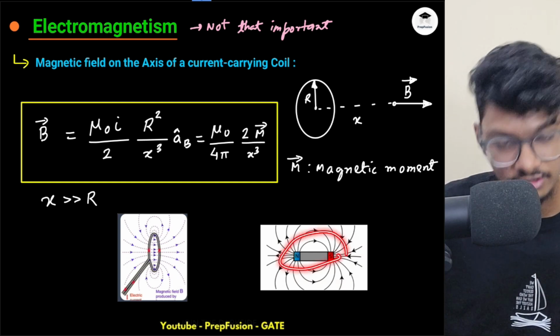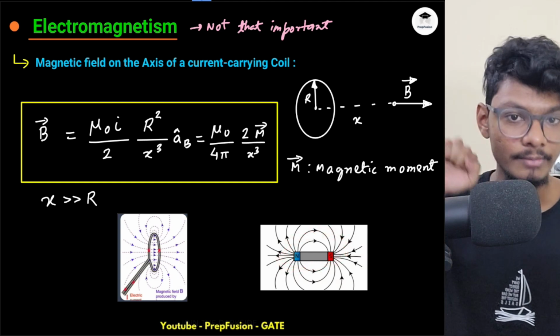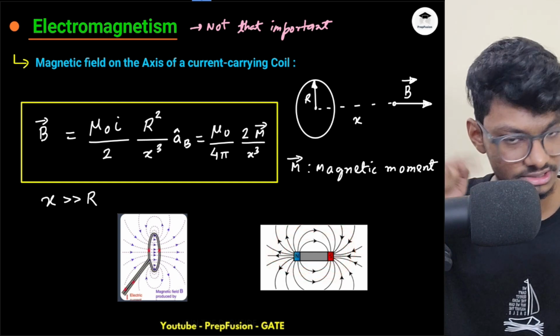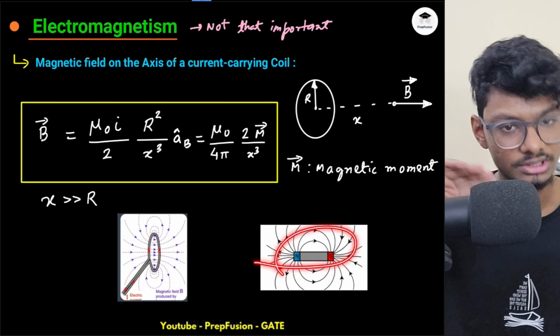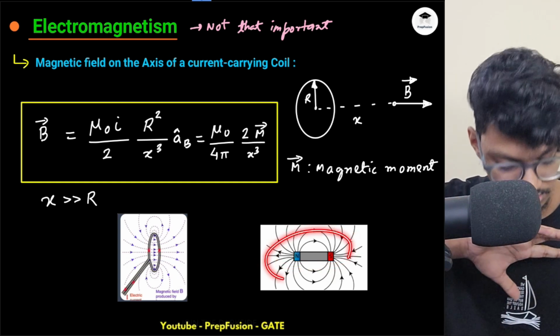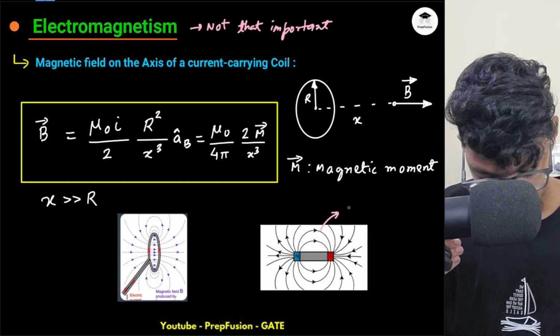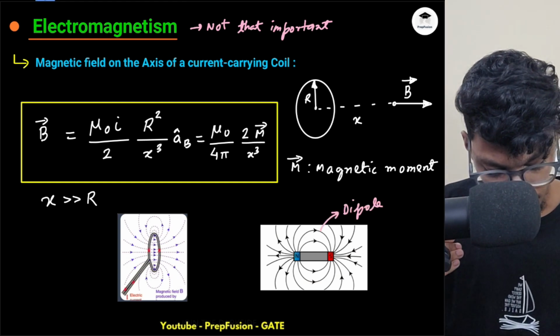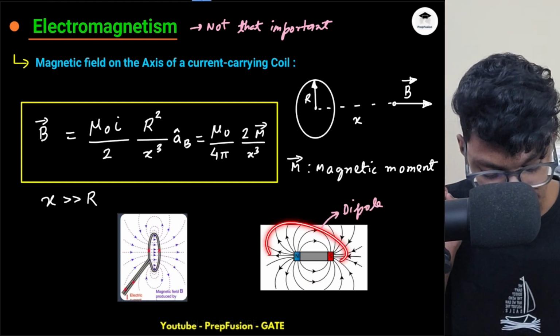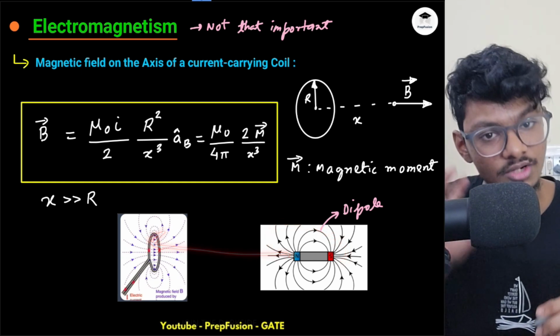So north and south pole, what happens is, if I have a magnet and the magnetic field lines are something like this, you already know this, right? You already know that the magnetic field lines of an electromagnet or a bar magnet look like this, and we call this a dipole. Now, these types of field lines actually get produced by a circular coil, a circular ring, as well.